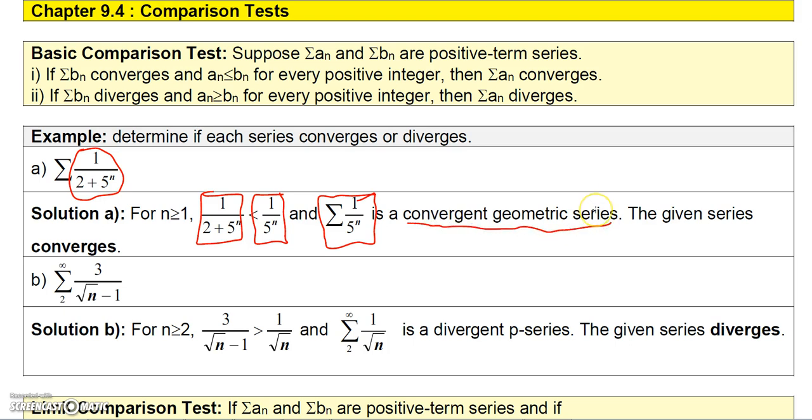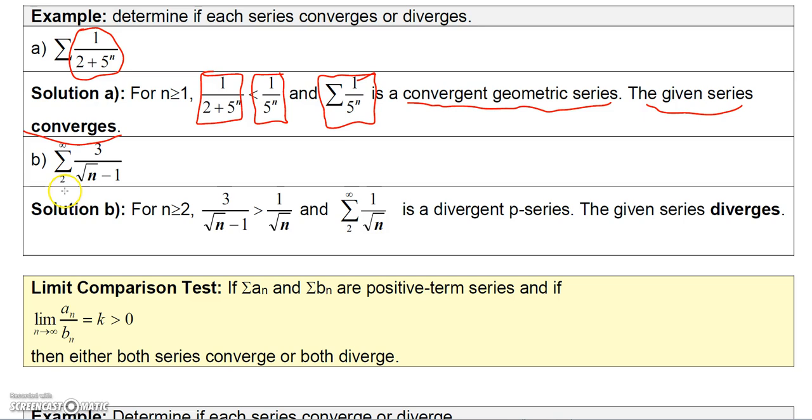And you can easily show that. Just go back and read about geometric series. So this is actually a convergent geometric series, and since all of the terms in my series I started with are less than the terms in this convergent geometric series, then I know that the given series, the one I started with, converges.